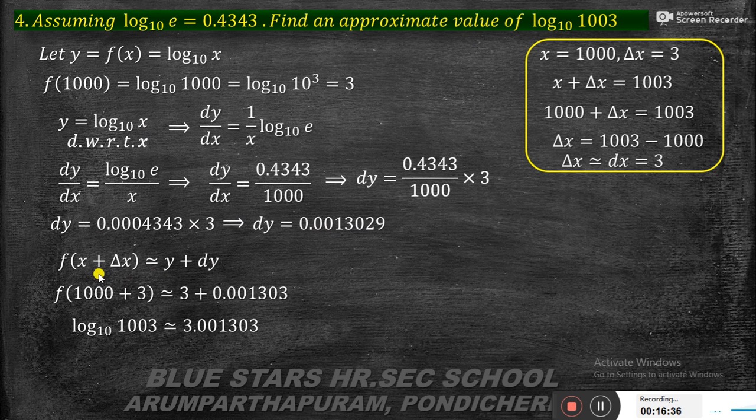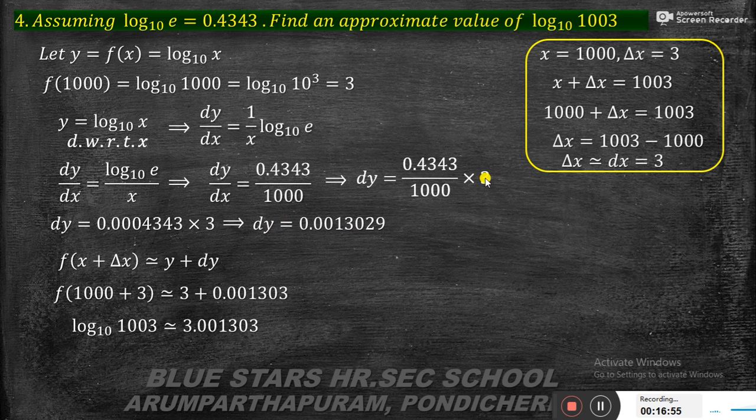The approximate value is f of x plus del x, approximately equal to y plus dy. We know y equals 3.